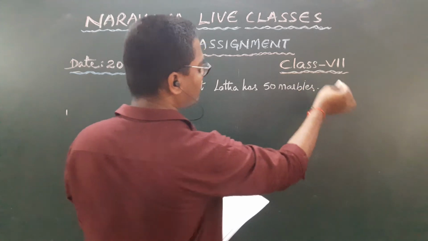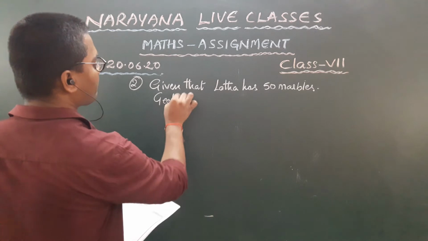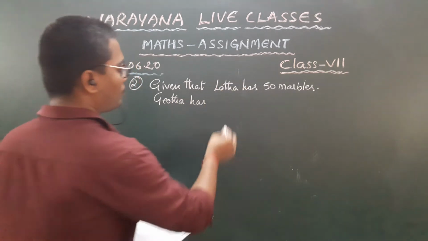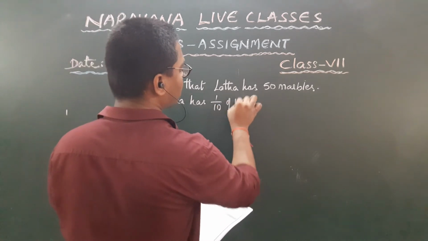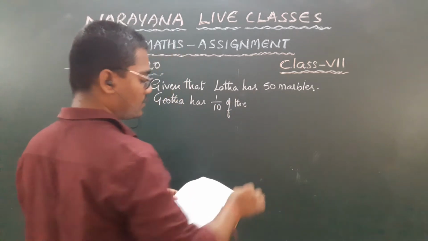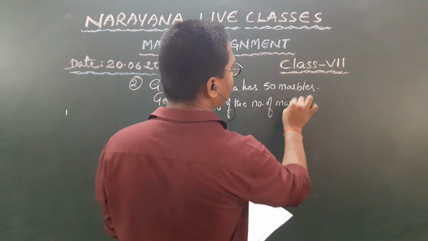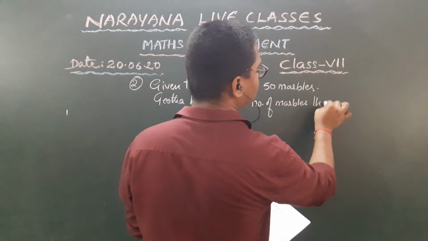Okay, Lata has 50 marbles. Geeta has 1 by 10 of the number of marbles that Lata has.